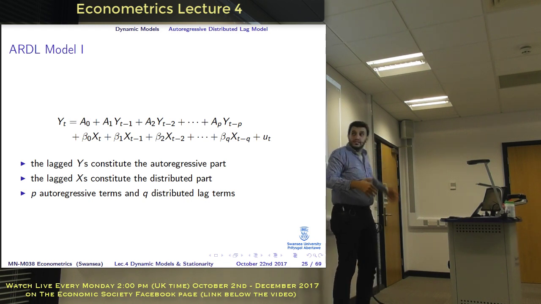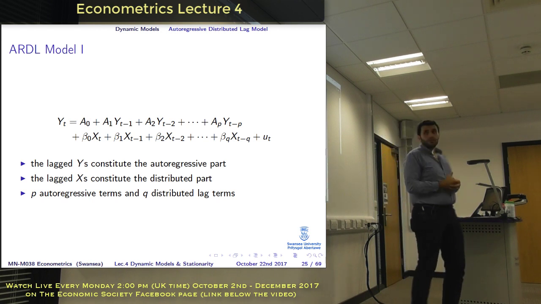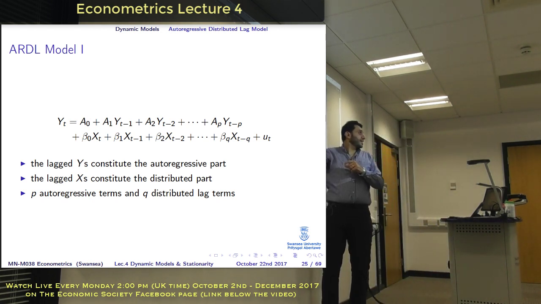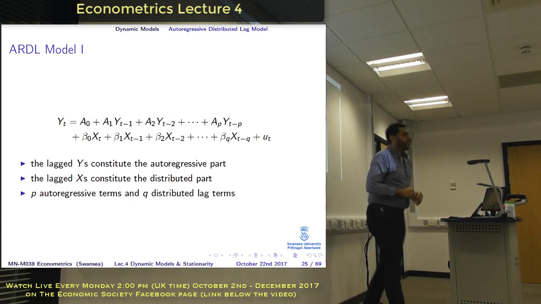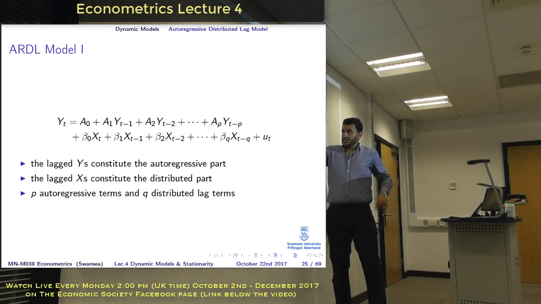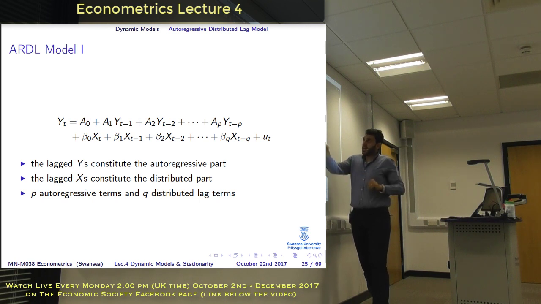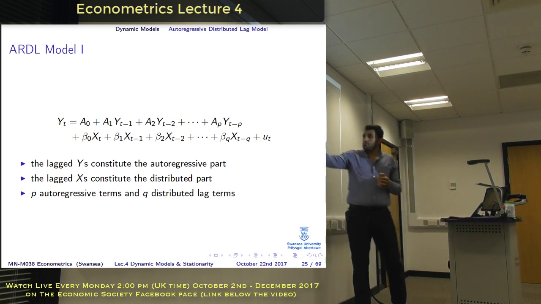We go back in time with consumption expenditure, or yt, in previous time periods. So this is the autoregressive part, plus the distributed lag part, which is the xt minus 1, xt minus 2, up to xt minus q. So again, this is the number of lags.